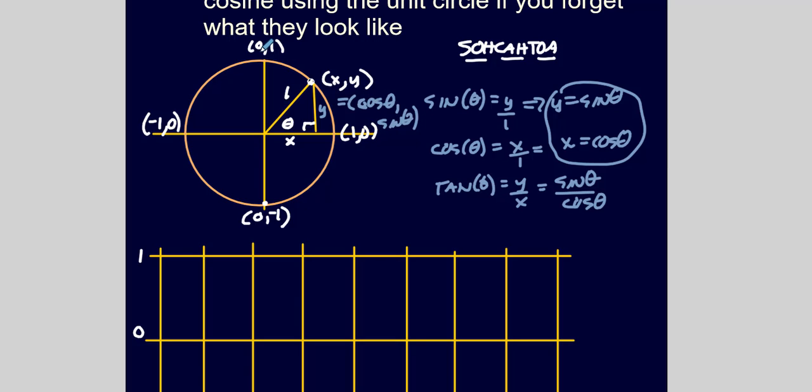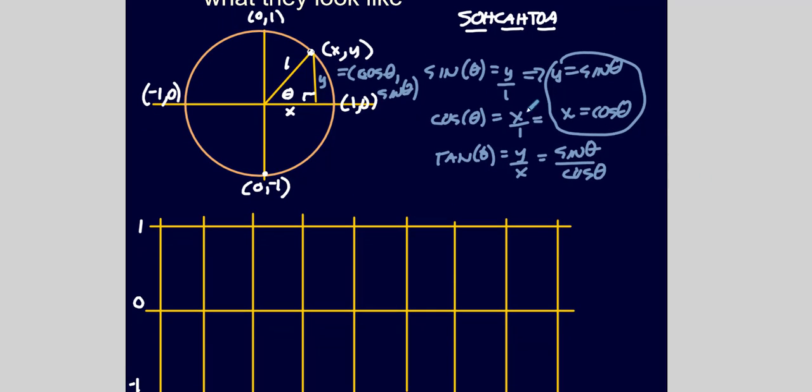Up here at pi over 2, 90 degrees, cosine is 0, sine is 1. At 180 degrees, or pi radians, cosine is negative 1, sine is 0. And at 3 pi over 2 radians, or 270 degrees, cosine is 0, sine is negative 1. So we can use this to quickly sketch out what sine and cosine look like.